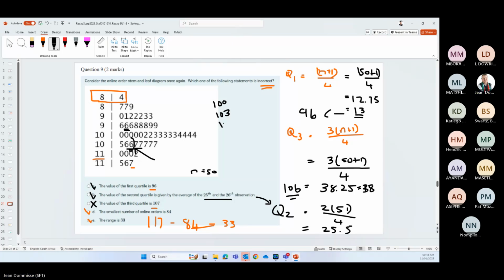Okay, so what is interesting with this one is that it is multimodal, and that's probably why they haven't asked it, because you actually have three modes. So 100, there's 5 of them. 103, there's 5 of them. 107, there's 5 of them. So that's probably why they haven't asked us this. But this would have been multimodal. So 100, 103, and 107 are the modes.